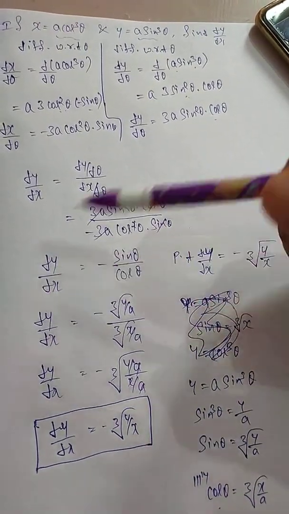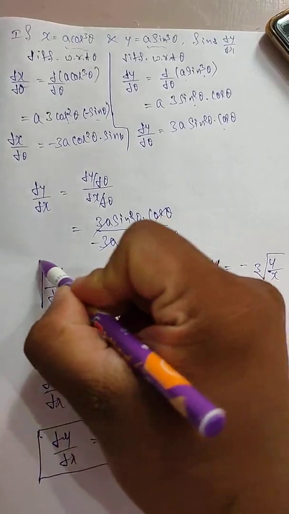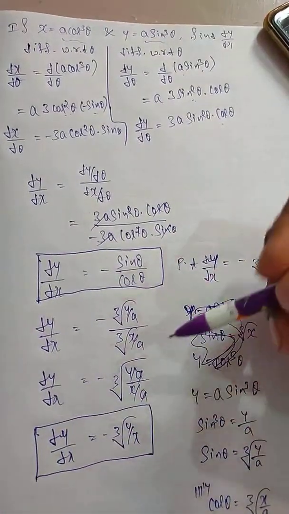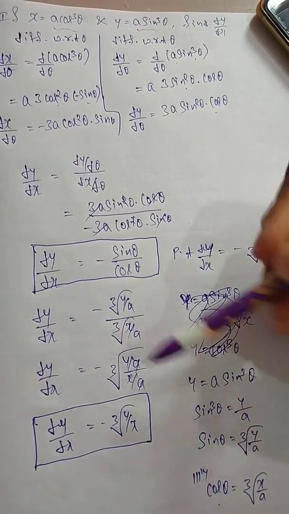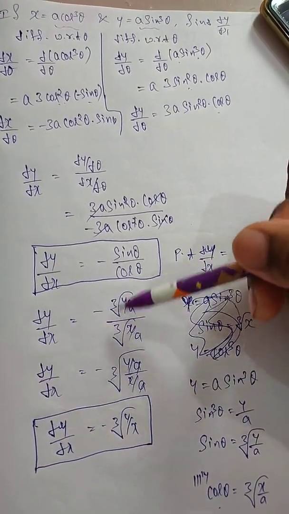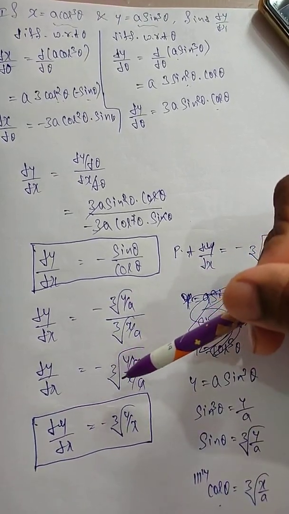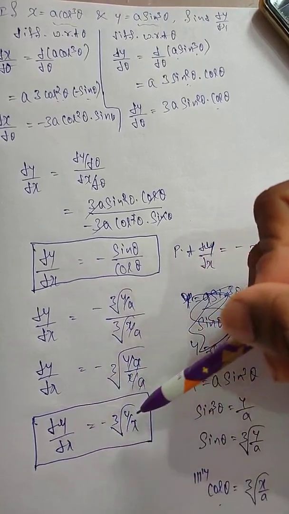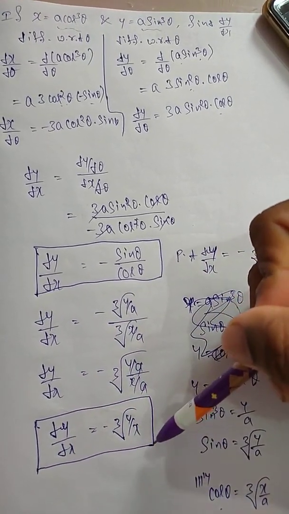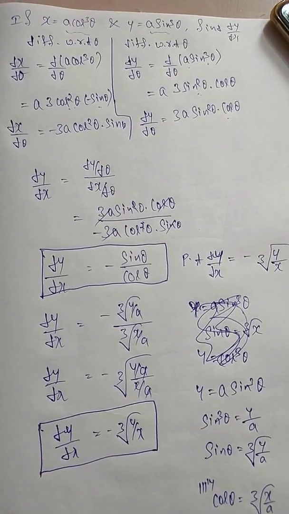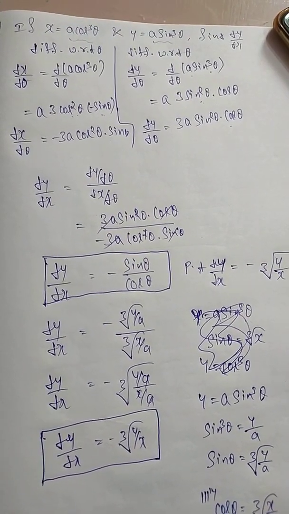So the problem ends here. If they ask to prove, you have to do it like this. Sin theta is cube root of y by a, cos theta is cube root of x by a. Write the whole cube root: cube root of y by x, a cancel, then dy by dx is equal to minus cube root of y by x. So this is the problem. Is it clear? Take a screenshot of this problem and copy it to the notes.